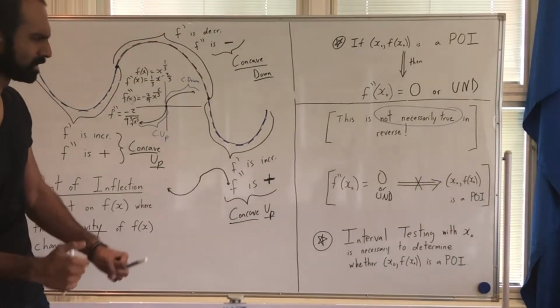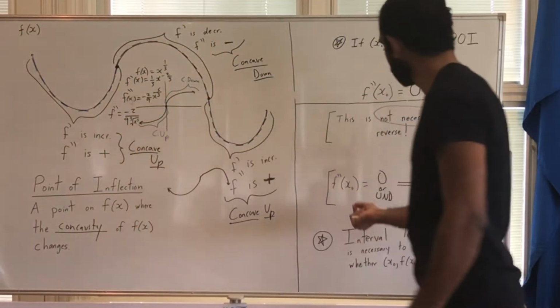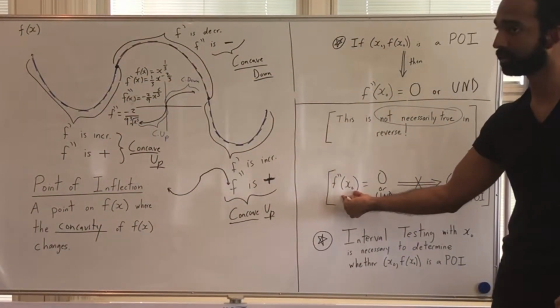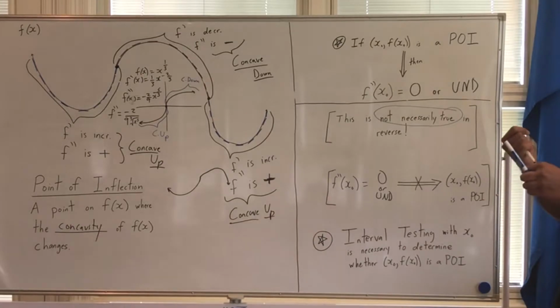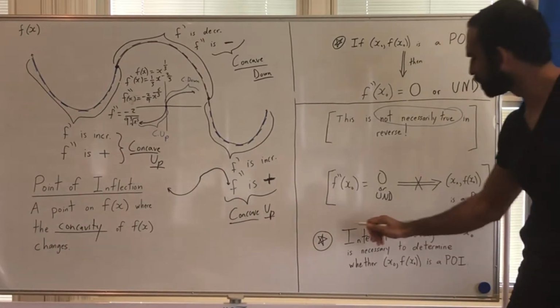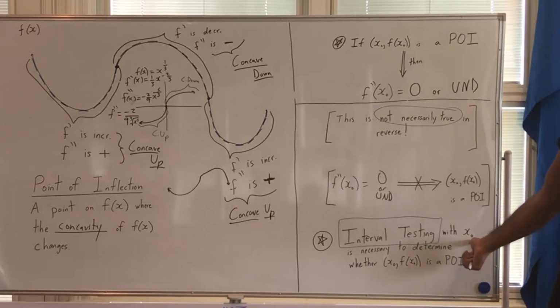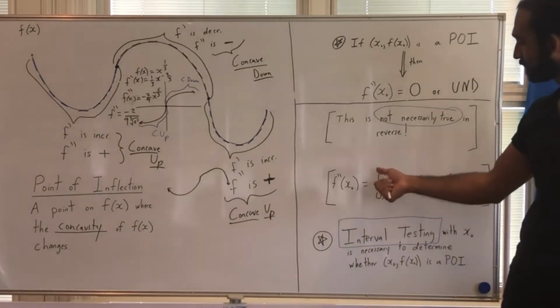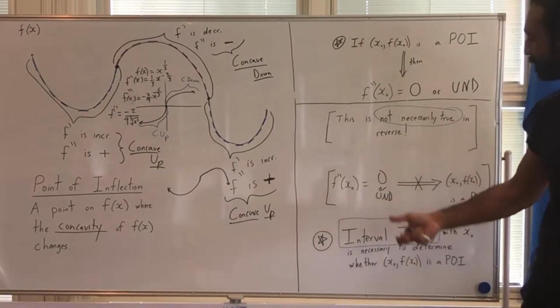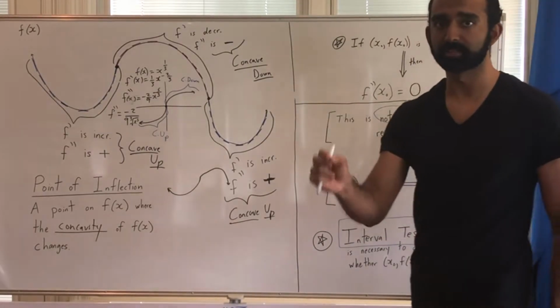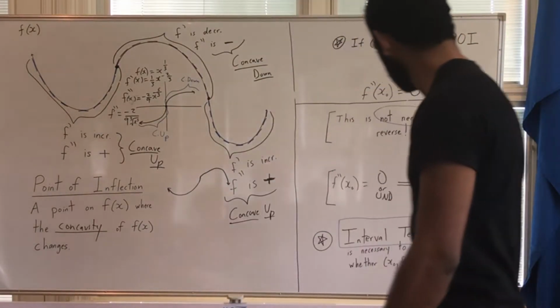I'll get to an example in a second. The way you determine whether this x coordinate, x naught, corresponds to a point of inflection is you have to do interval testing with that value. First you find where the second derivative is 0 or undefined, but you can't just immediately conclude that it is a point of inflection. You have to fall back into interval testing.